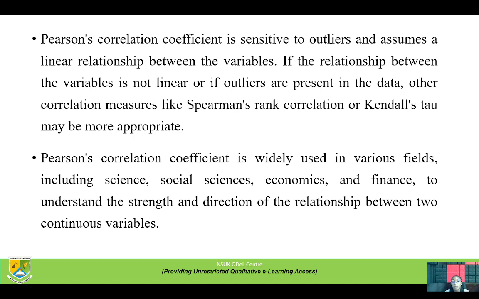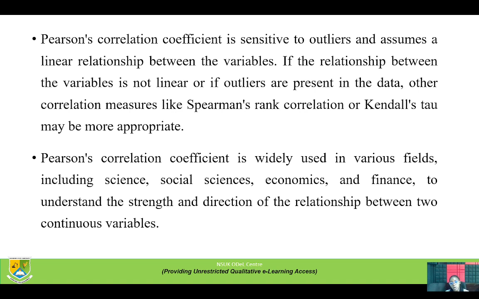If the relationship between the variables is not linear, or if outliers are present in the data, other correlation measures are more appropriate, such as the Spearman's rank correlation and the Kendall's correlation approaches.